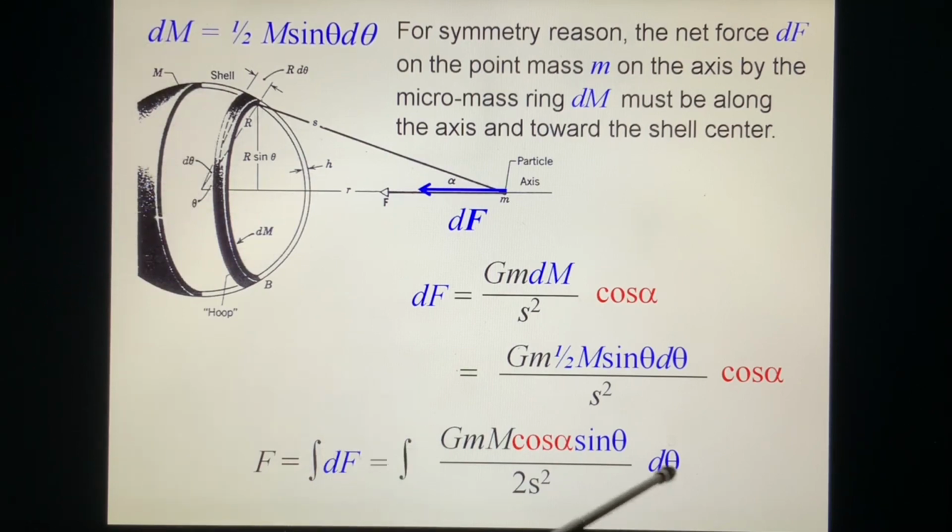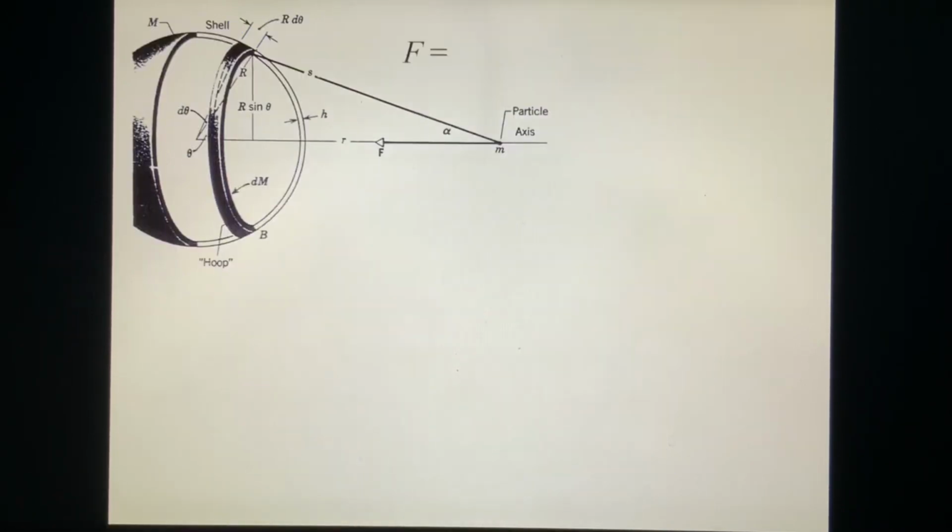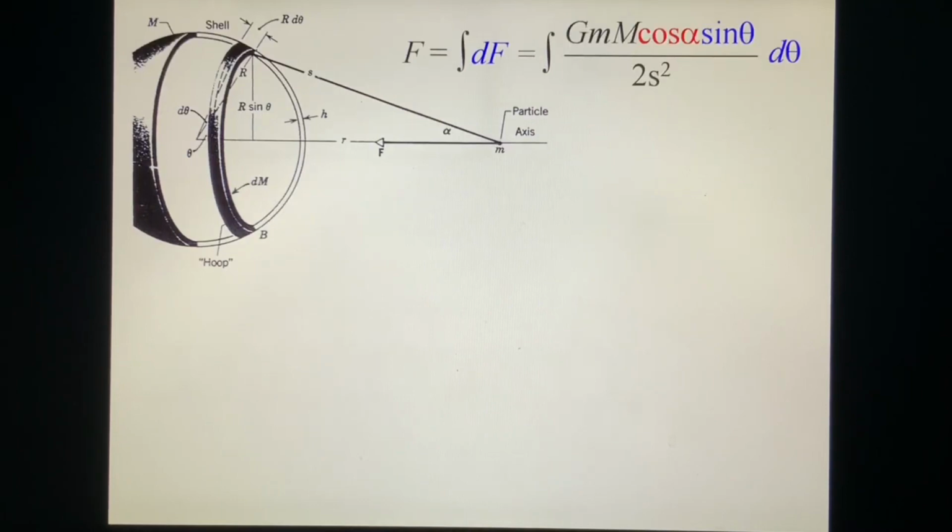So the integration of theta is 0 to pi, and then we cover the whole shell.